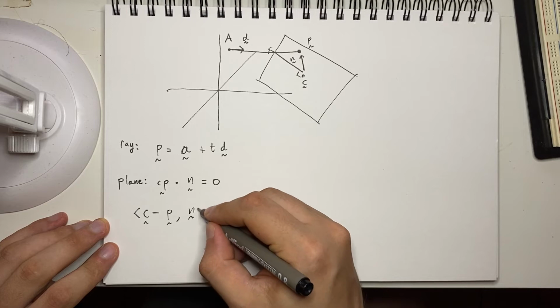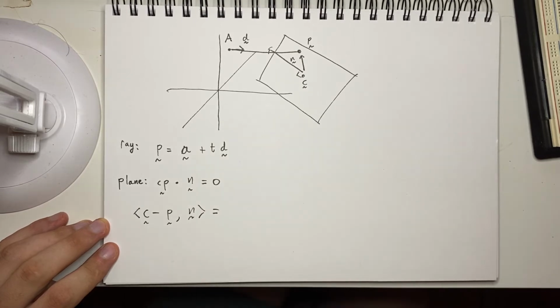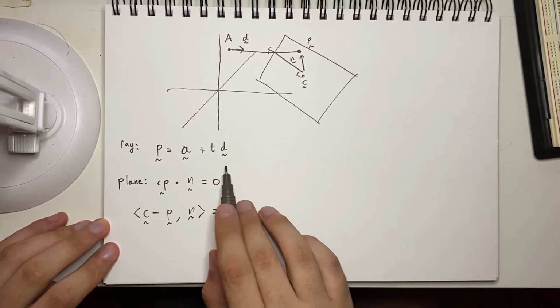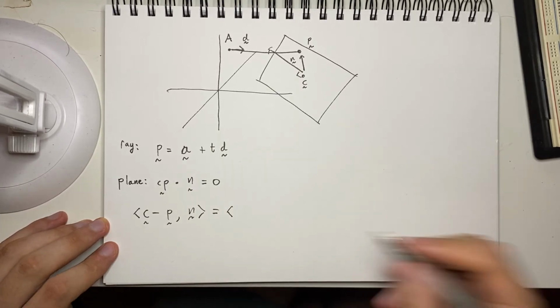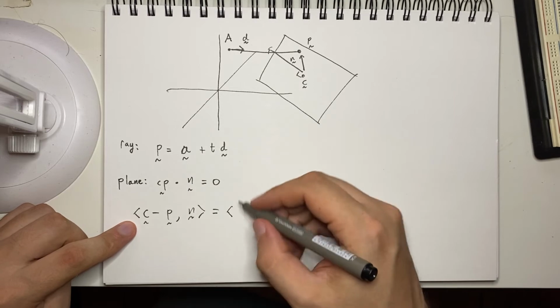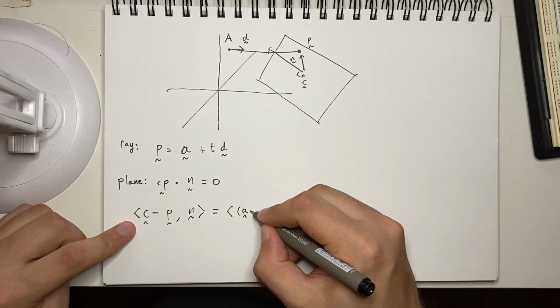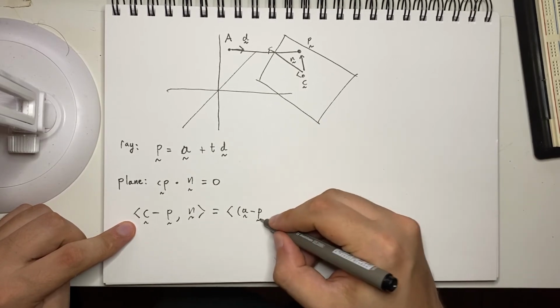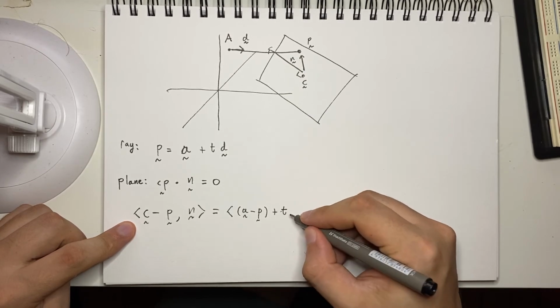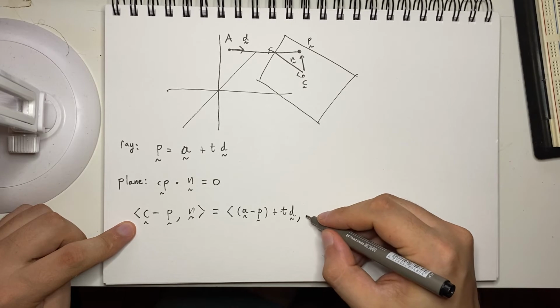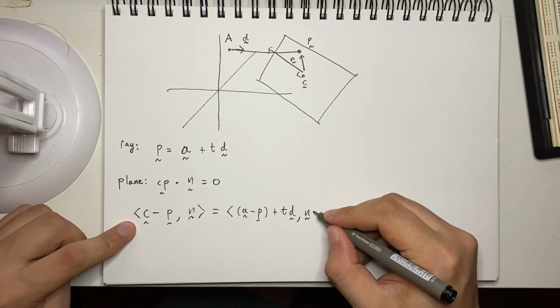We put in the expression for P, so let's do the same thing that we did before. So we'll have A minus P plus t D. Okay, fair enough.